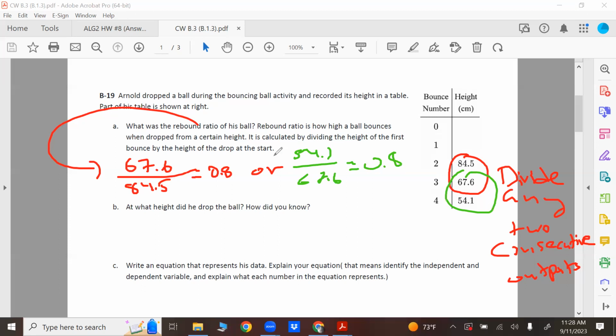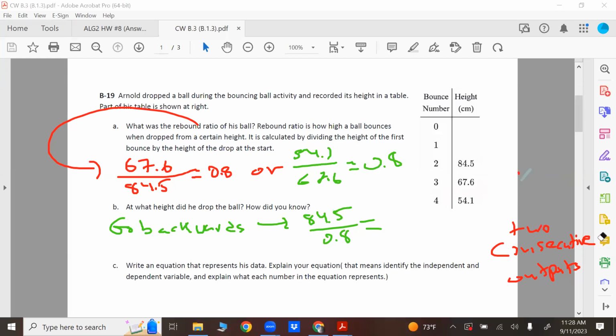That's what it means. So what height did he drop the ball? What you could do is go backwards, right? You're going to do 84.5 divided by 0.8. So can someone tell me what 84.5 divided by 0.8 is, please? I know someone's got a calculator. Thanks, Jack. About 169?